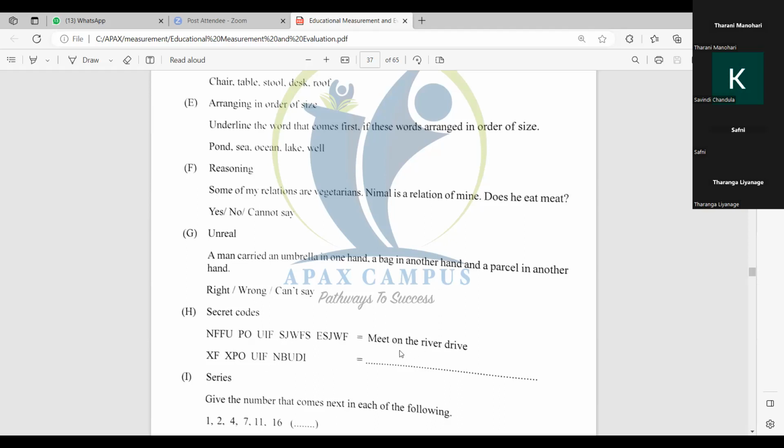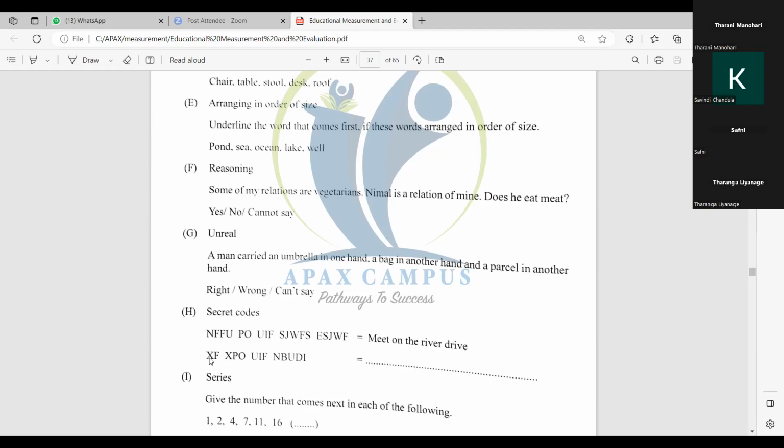If you follow this, you can understand that N stands for M, F stands for E, U stands for T. So it's just one letter before, right? NFFU is MEET. So follow the same.